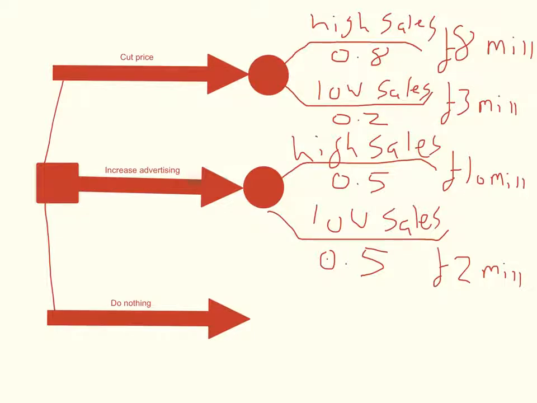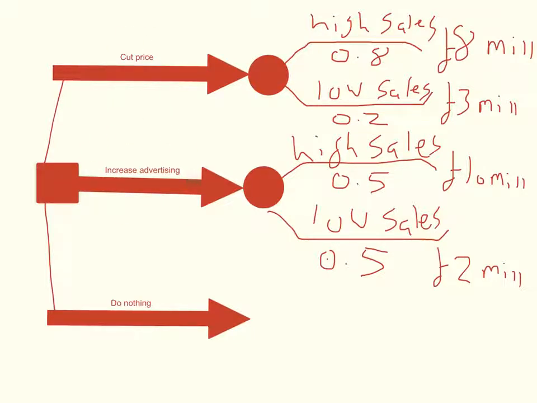So, what we want to know though from a manager's point of view is, what if this decision is made over and over again? So yes, one time this might occur, or this might occur, but what about if the decision is repeated over and over again for each one of these?